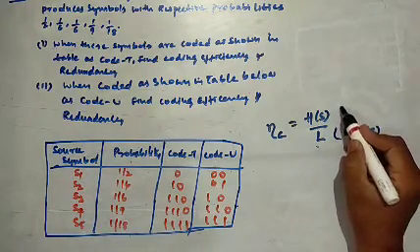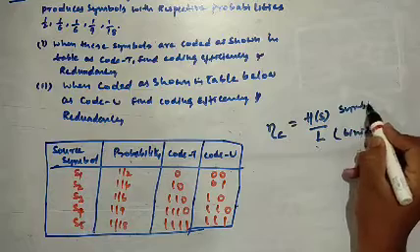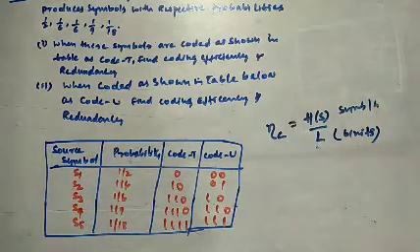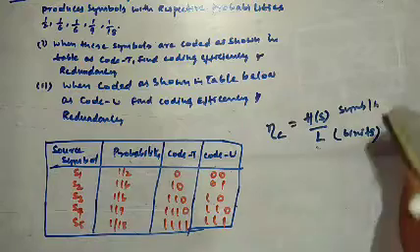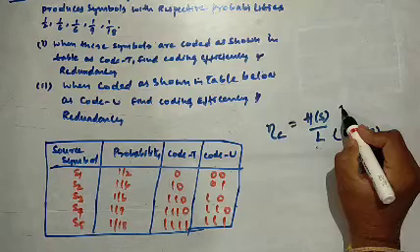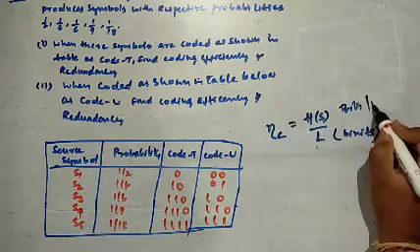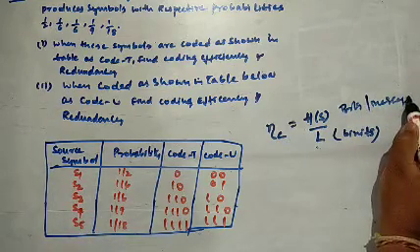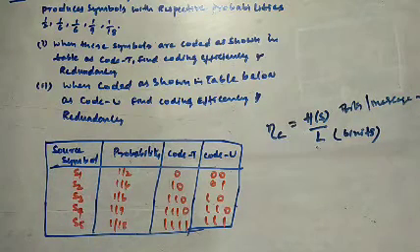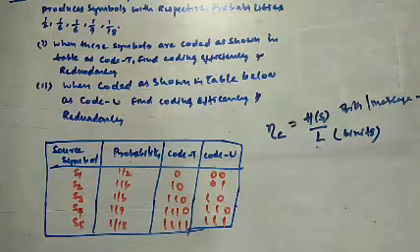The unit of H of S is bits per message symbol. Entropy is bits per message symbol. Bits means binary units, binits means binary digits.